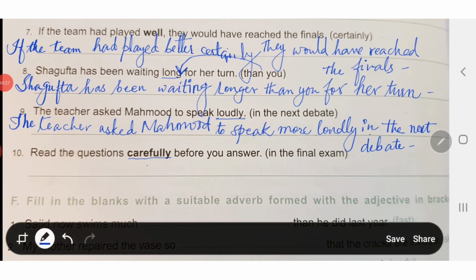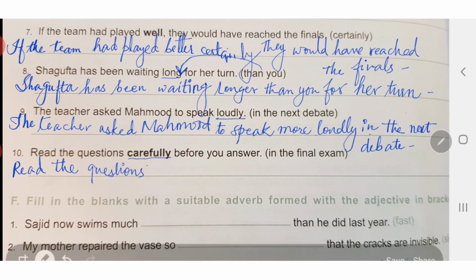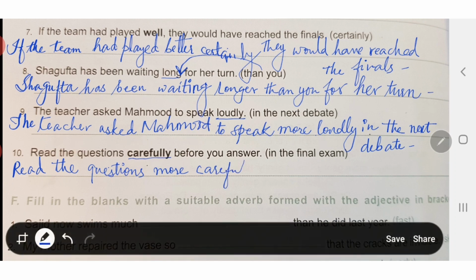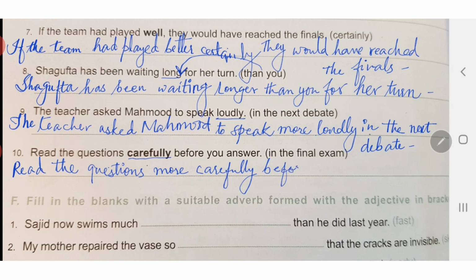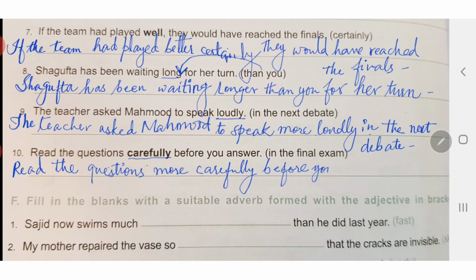Read the questions more carefully before you answer in the final exam. Full stop. Easy and fun also.